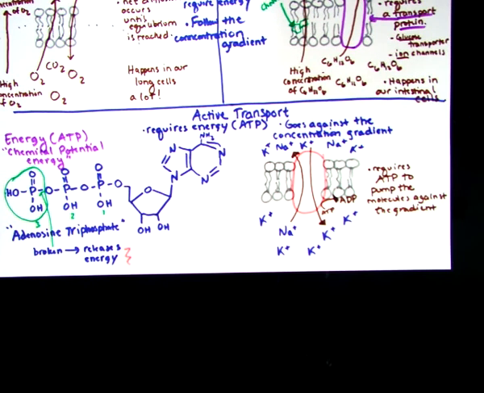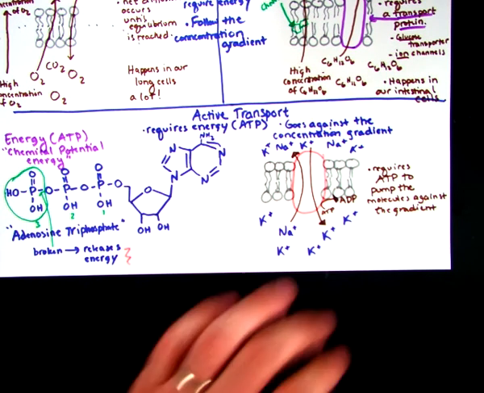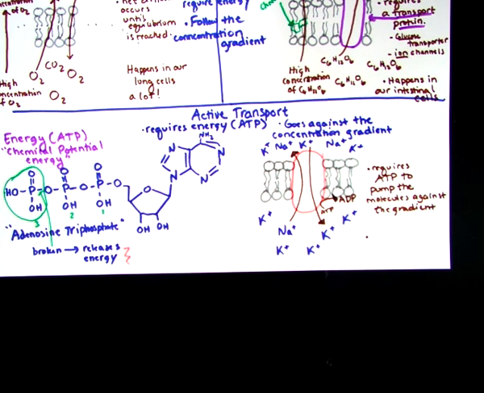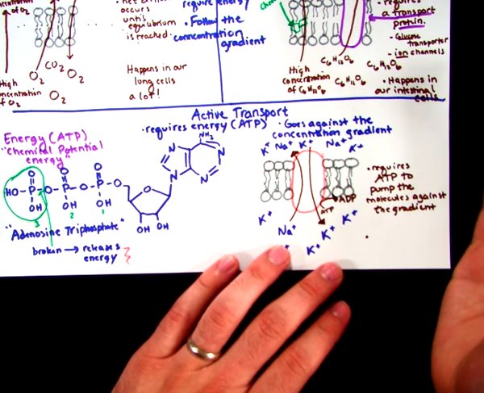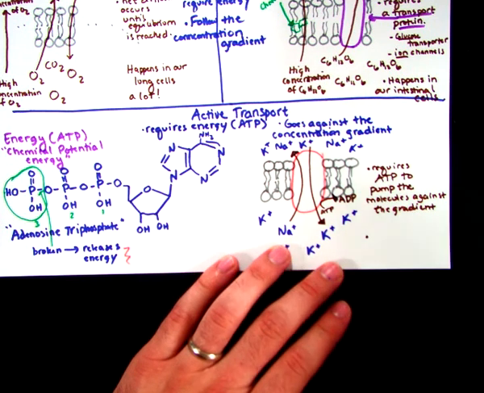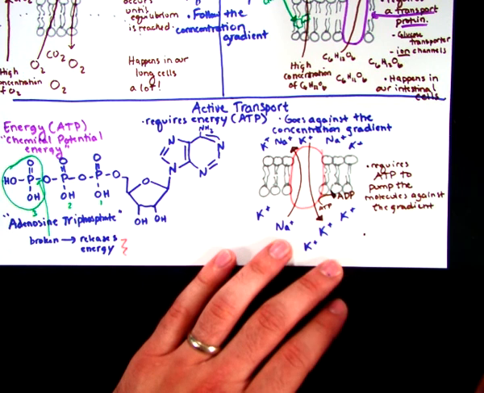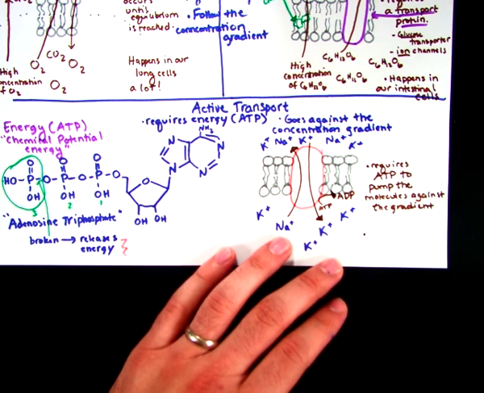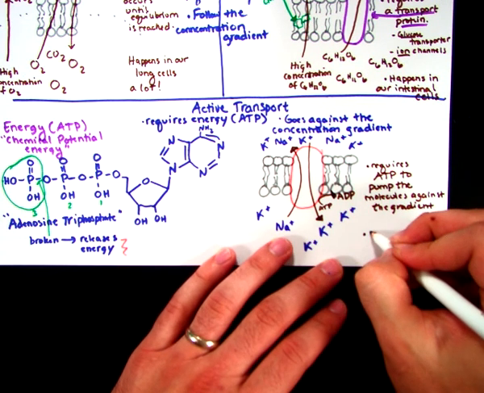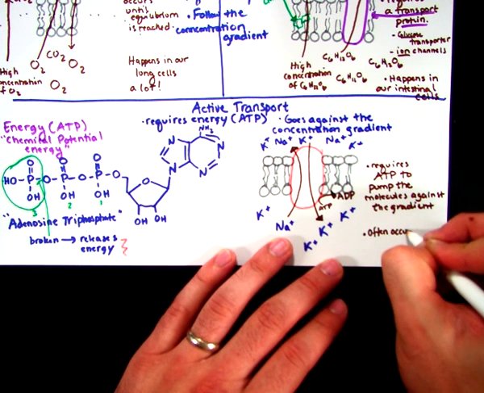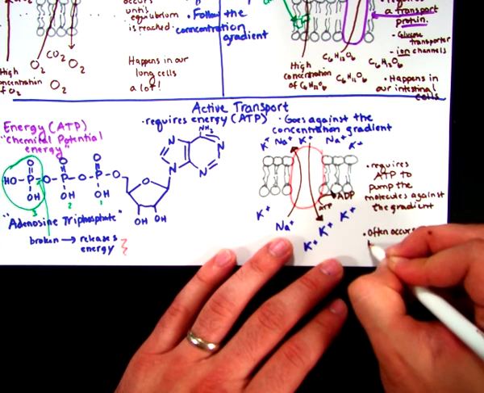All right. So we have ATP helping pump the molecules against the gradient. We have a protein that's helping to move these molecules across the membrane. Where this often occurs, does anybody want to offer up?